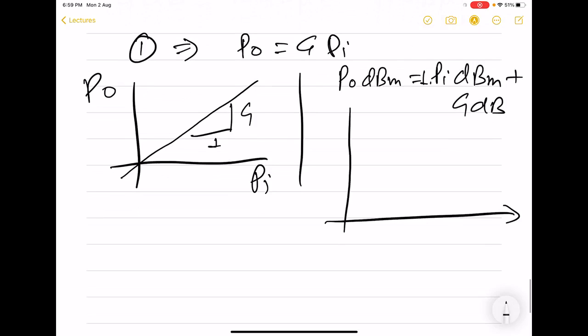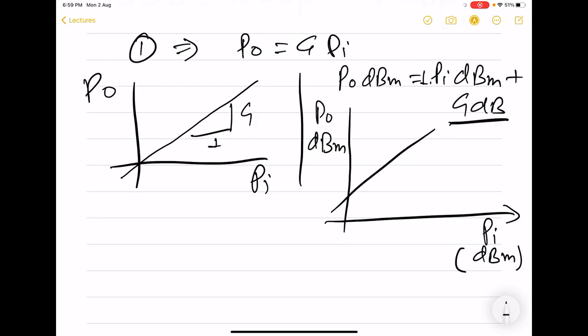So here we have input power in dBm and output power in dBm, but now we have a straight line not passing through the origin, rather passing through this number on the y-axis and with slope equal to 1. So its slope is 1 and it is passing through G dB on the y-axis.